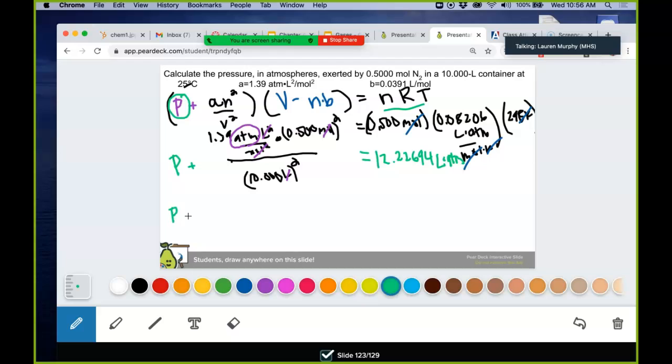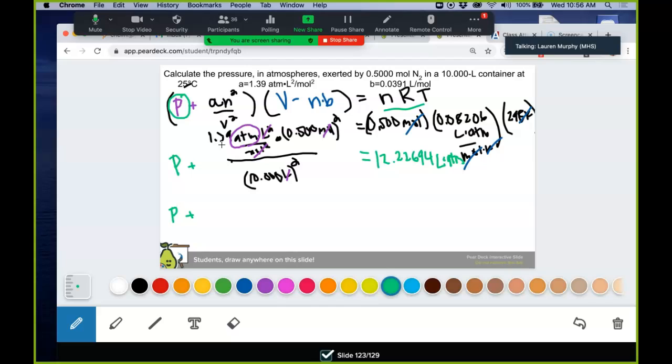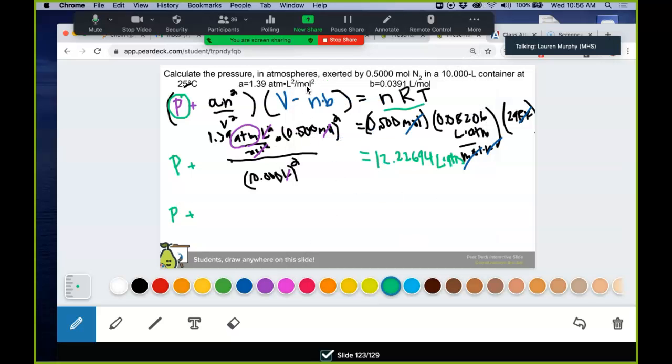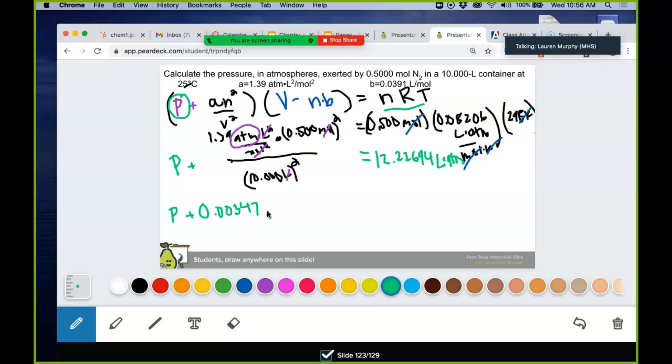So this is P plus, this one's a small number if I'm not mistaken. 0.003475, that sounds familiar. 0.003475 atmospheres. So I've just taken care of this term.